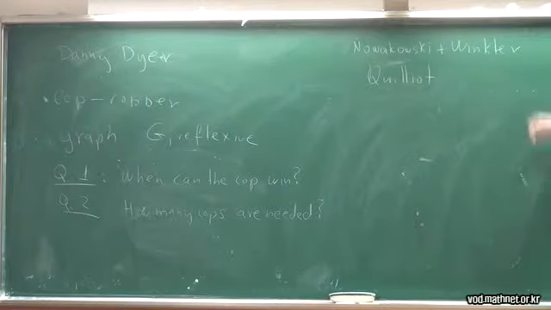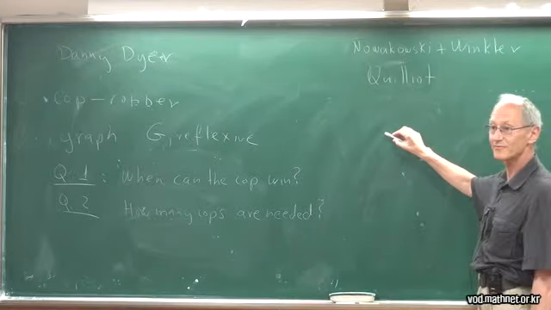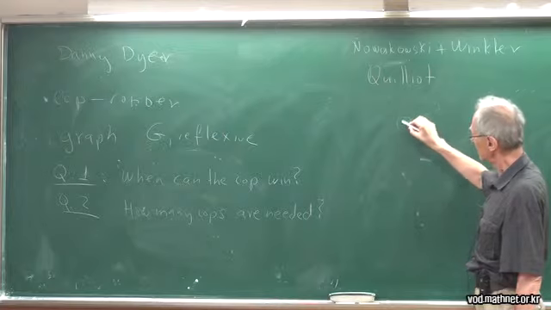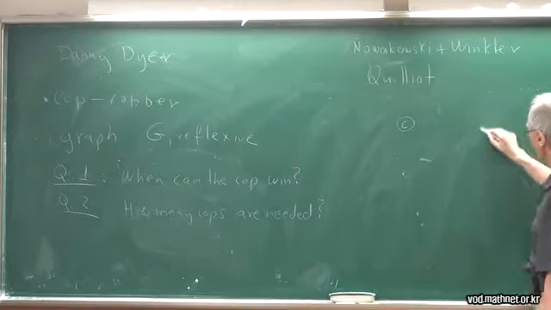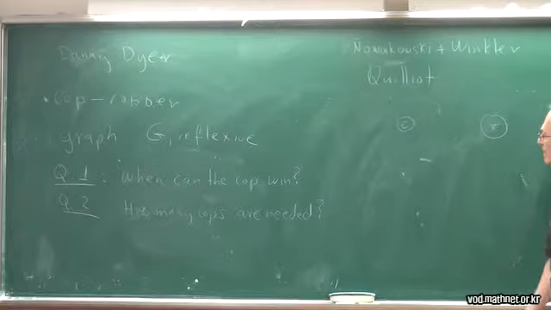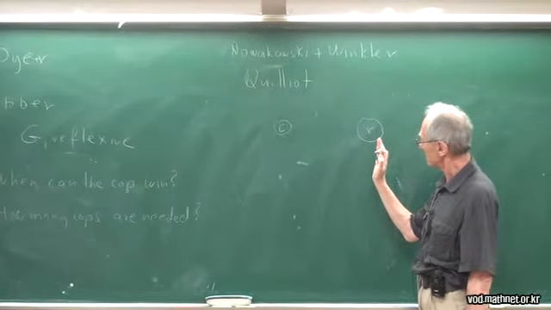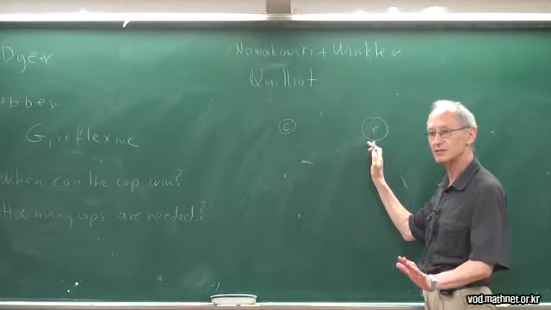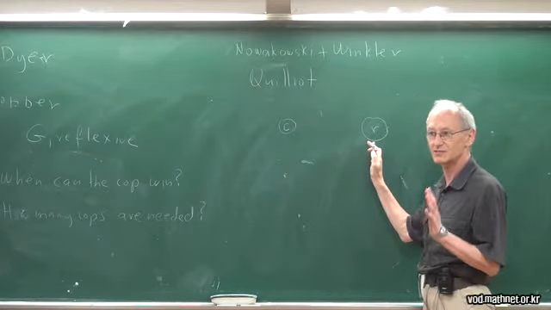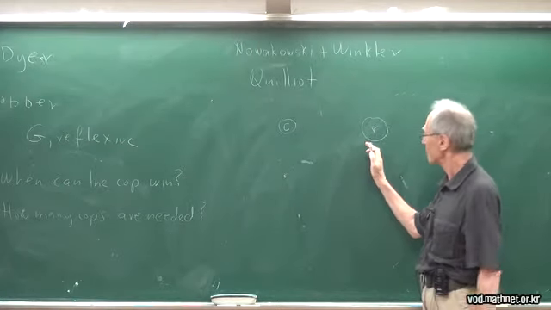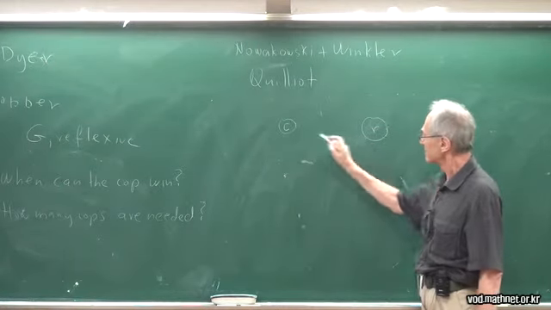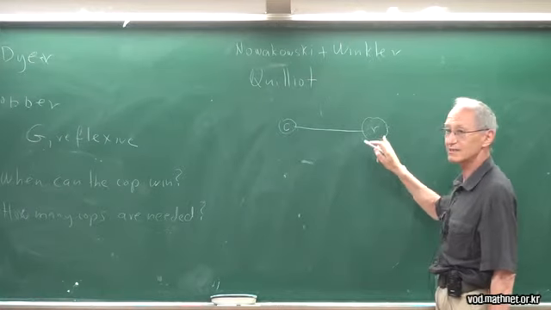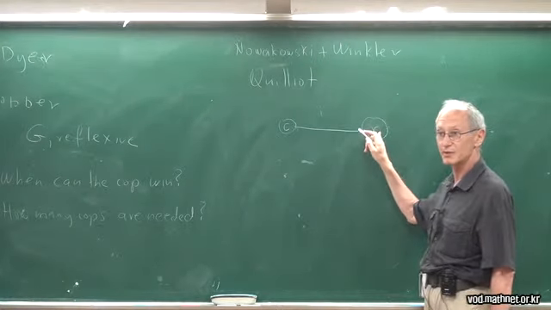So these people, for the finite case, did something that's, in retrospect, obvious. They looked at what happens at the end of the game. So at the end of the game, you have a cop somewhere. You have a robber somewhere. So this is Robber's last move. After he moves, he will be caught, no matter what he does, because we are in a cop-win graph. So what does that mean? That means that there must be an edge here, because if Robber decides to stay put, he must be caught.